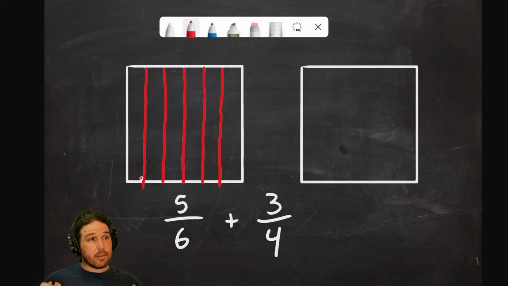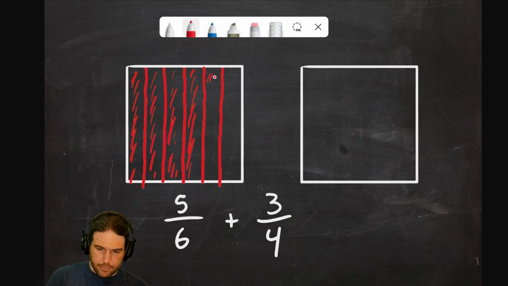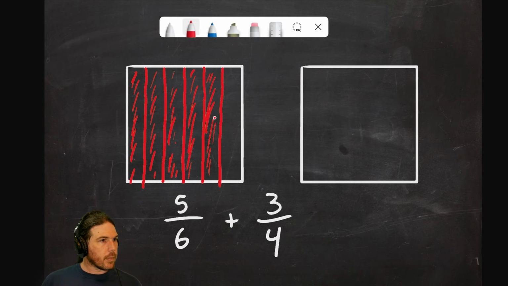Okay, we've got it cut into 6. I'm getting better at this. And we've got 1, 2, 3, 4, 5 of them. I hope the pieces are easy to see when I'm coloring them in with the same color.